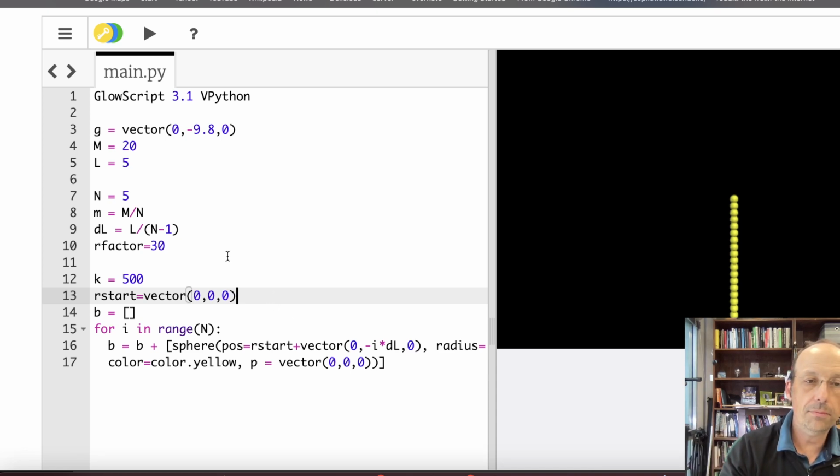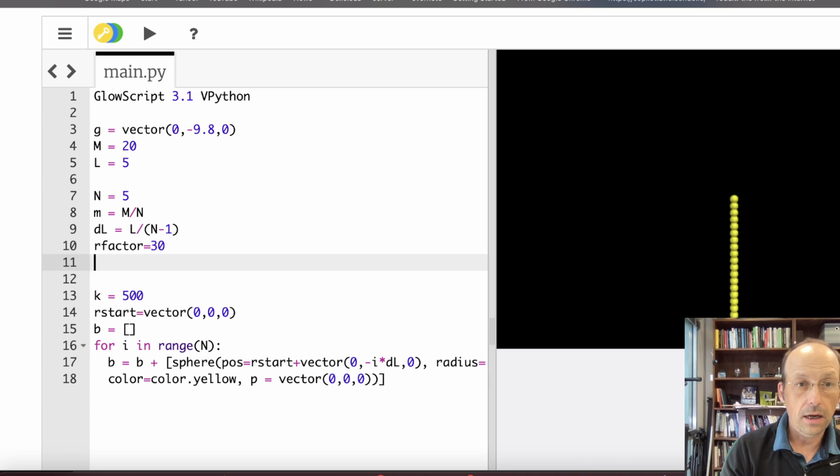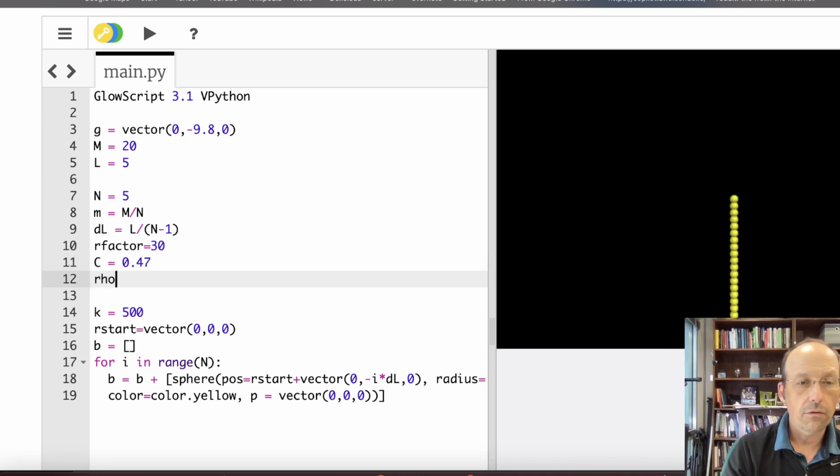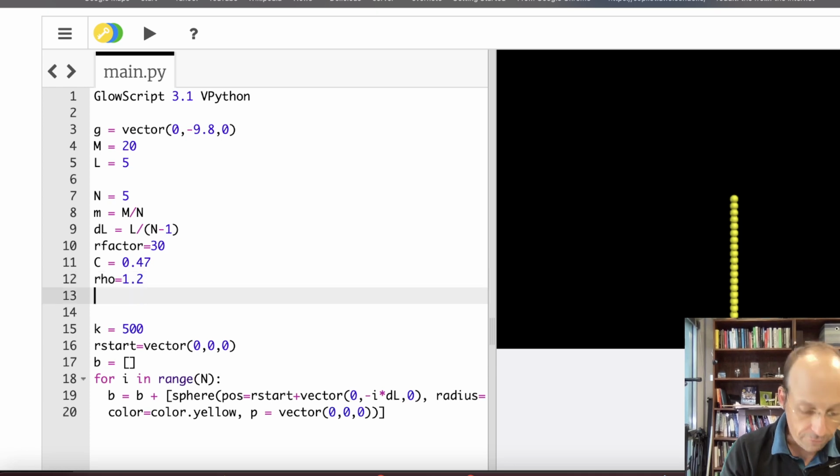Okay, I do need some other things in here. I need C equals 0.47, rho equals 1.2, V equals how fast is that helicopter moving. Let's say it is 20 meters per second. So that's kind of fast. Let's say 15 meters per second. Okay.